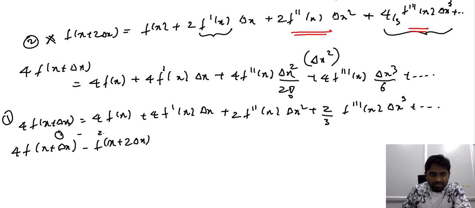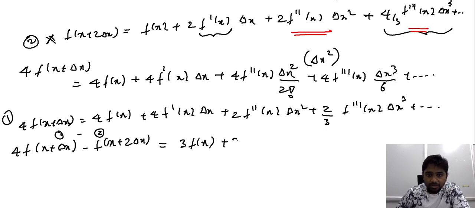What we would end up having is 3 f of x, and when you consider the f prime terms, 4 f prime of x delta x and 2 f prime of x delta x, it would be 2 f prime x delta x.